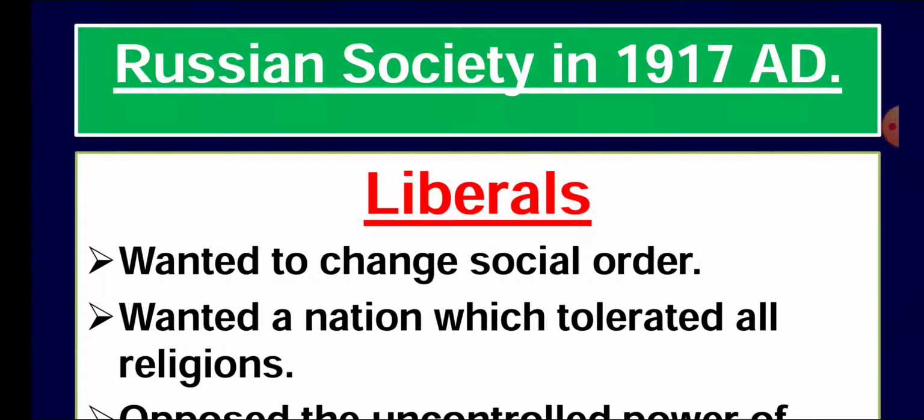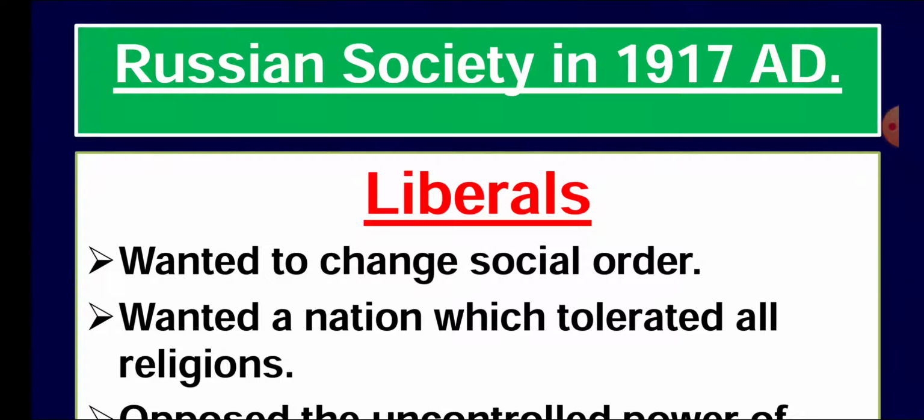As I have told you, a revolution means a complete change, or an order is completely changed. So the same happened in Russia. Before 1917, there was an old regime. In society, there were three main groups.